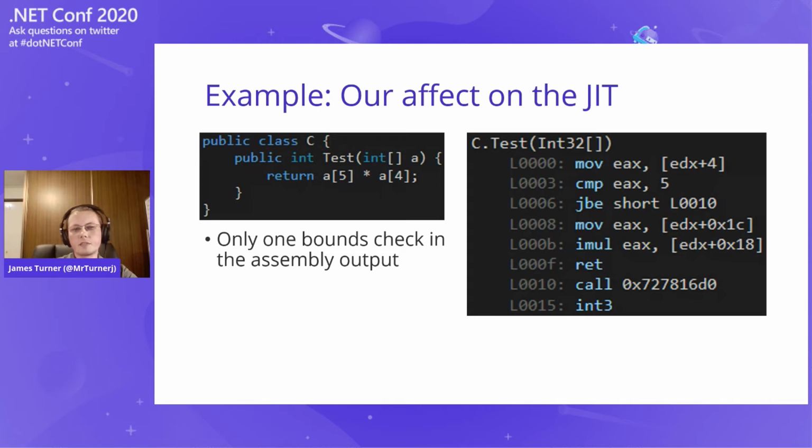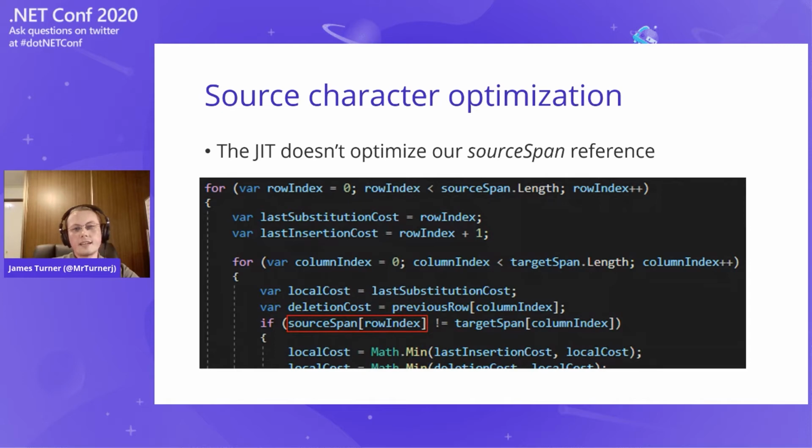Now we've seen the impact of small changes to our C# code on the JIT, let's have a look at our example with the calculation logic where the JIT could do with some help. During the calculation, we are comparing a character from the source and target strings together. The source character is determined by the outer loop, whereas the target character is determined by the inner loop.